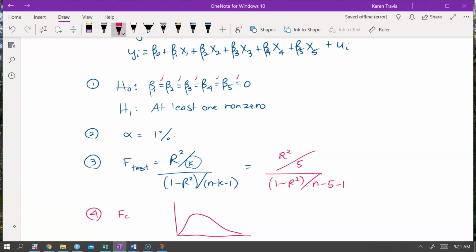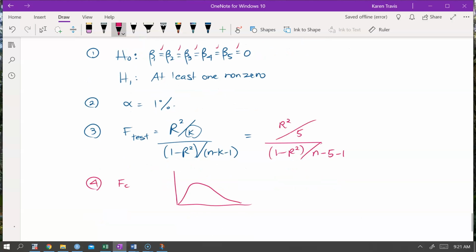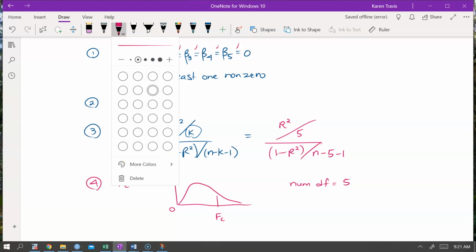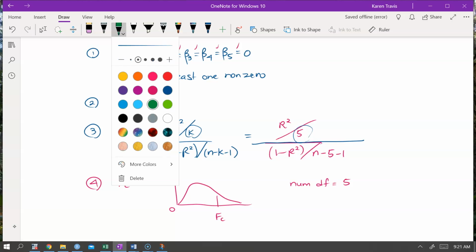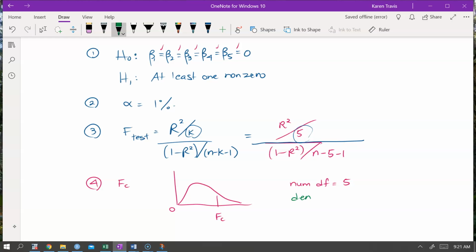Our F critical is skewed and starts at the origin. It has numerator degrees of freedom equal to the number of restrictions, which comes from this numerator. The denominator degrees of freedom comes from n minus k minus 1, which is this.